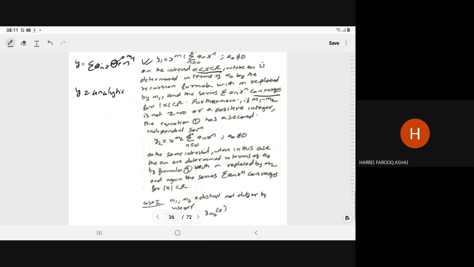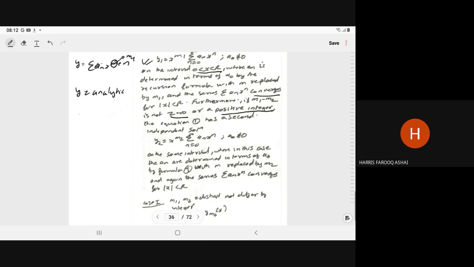Furthermore, now the special condition is coming. Note it down carefully. Furthermore, if m1 minus m2 is not zero, means m1 is not equal to m2, or a positive integer. If the difference is not a positive integer, as in the previous question, where m1 and m2 were 1 and minus half, so the difference is 3 by 2, which is not an integer, then the equation 1 has a second independent solution.